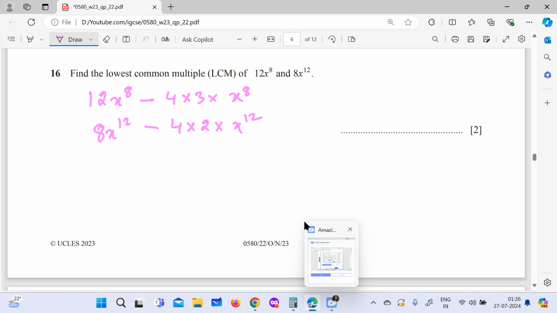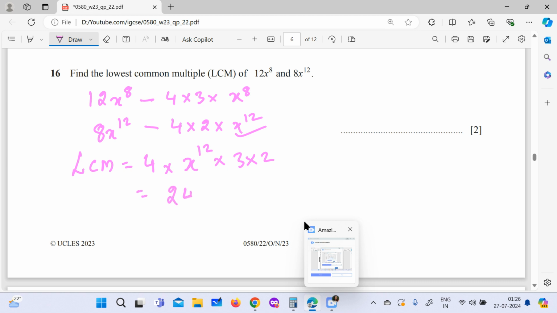So to find the LCM, you have to take all the factors with the highest power. The highest power of 4 is 1 only, so we take 1, and then 3, and 2. We have x to the power of 8 and x to the power of 12, so we take x to the power of 12.